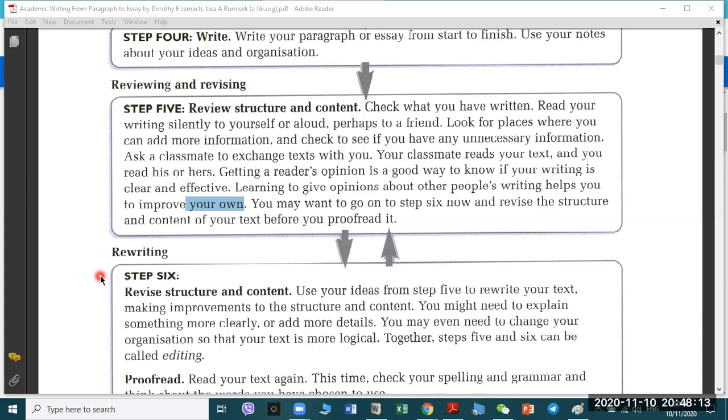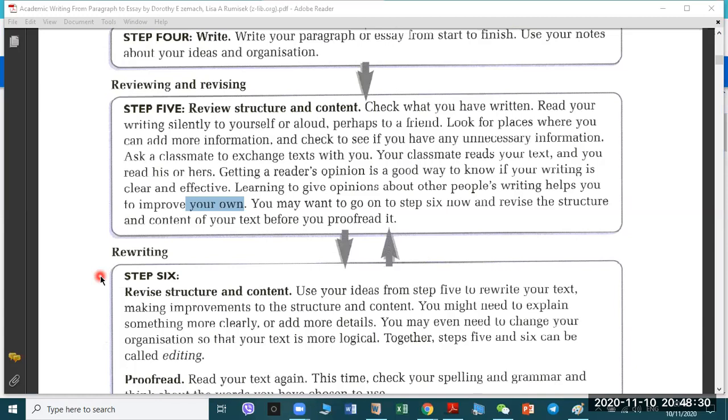Use your ideas from step 5 to rewrite your text, making improvements to the structure and content. You should improve, you should change, you should have changes here in this step. You might need to explain something more clearly.